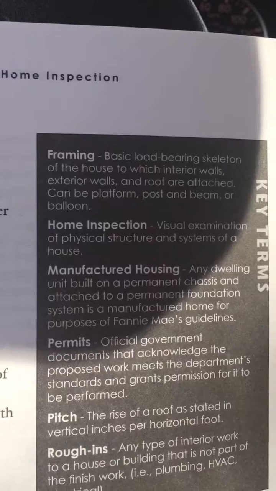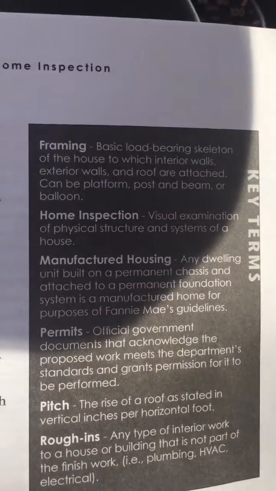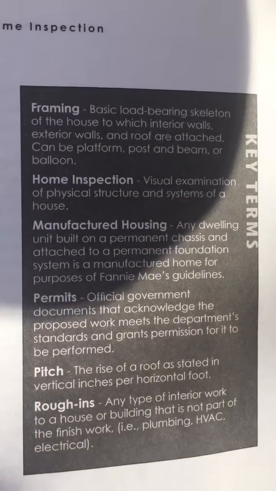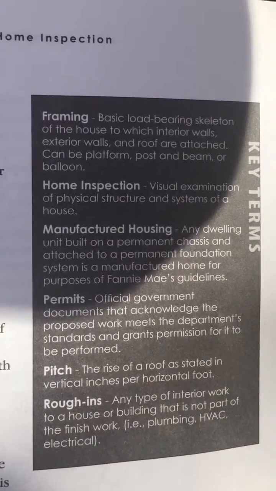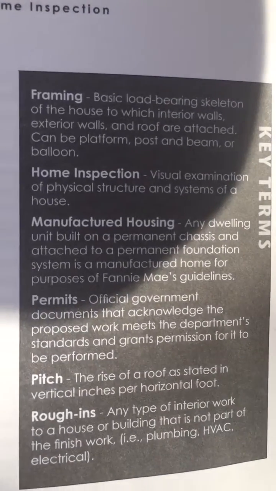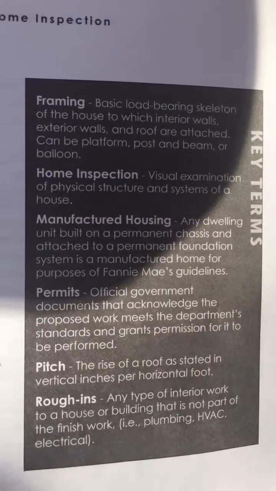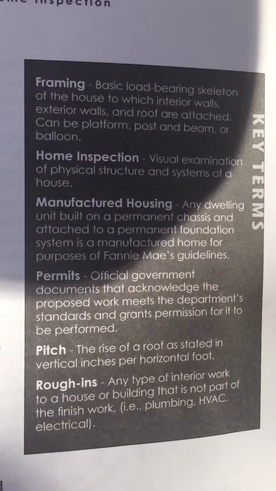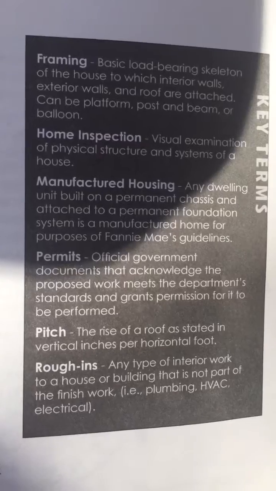Visual examination of physical structure and systems of a house. Manufactured housing. Any dwelling unit built on a permanent chassis and attached to a permanent foundation system is a manufactured home for purposes of Fannie Mae's guidelines.